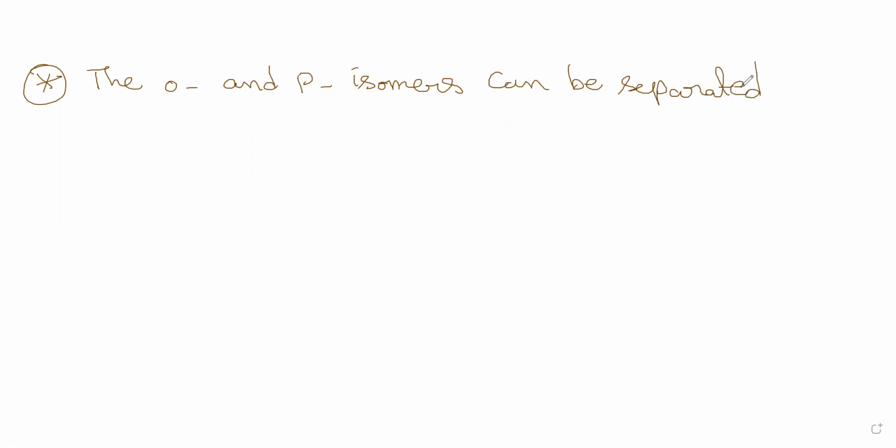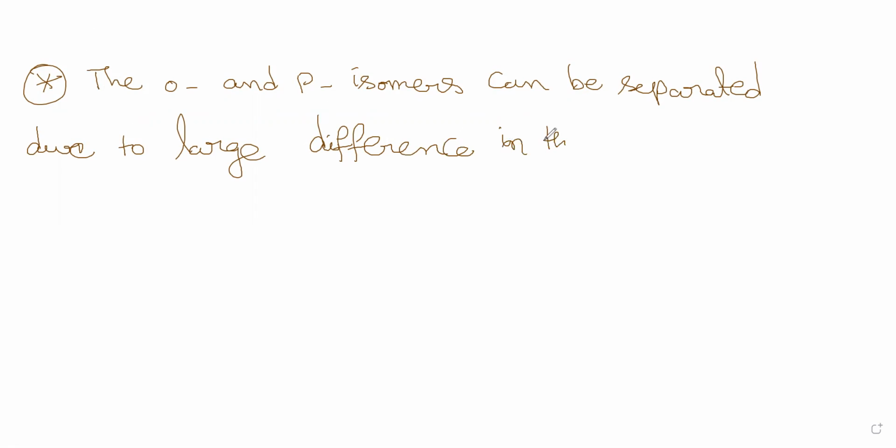The ortho and para isomers can be separated due to a large difference in their melting points.